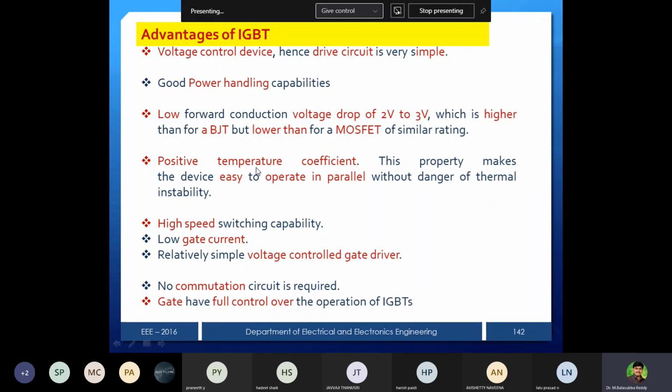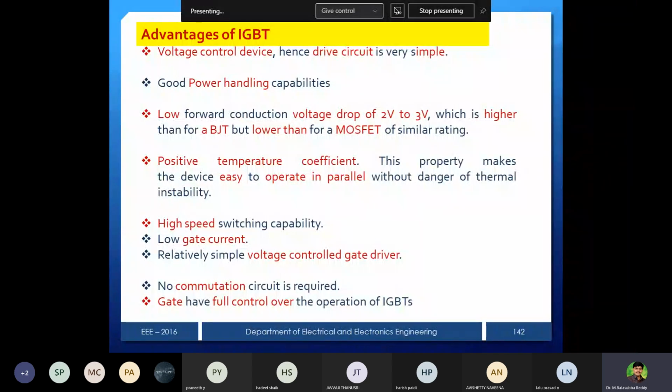Because of this temperature coefficient, the device is easy to operate in parallel. It also has high speed switching capability, and a low gate current is sufficient to turn on the device. The voltage control gate drive is relatively simple compared to that of the BJT.